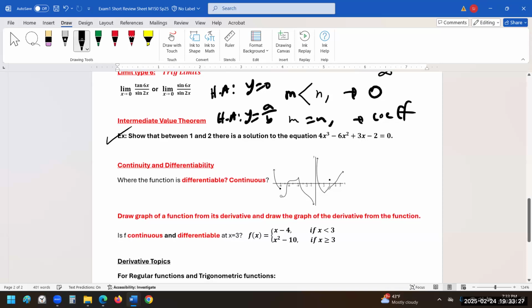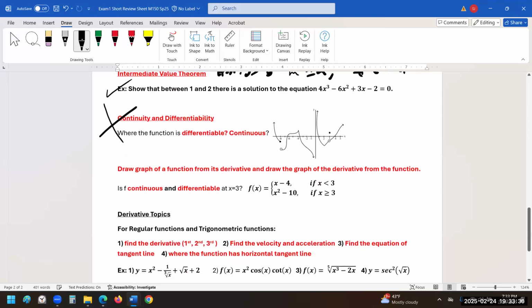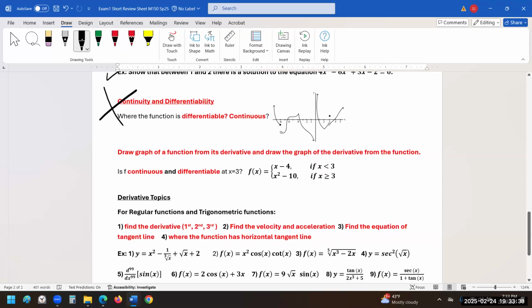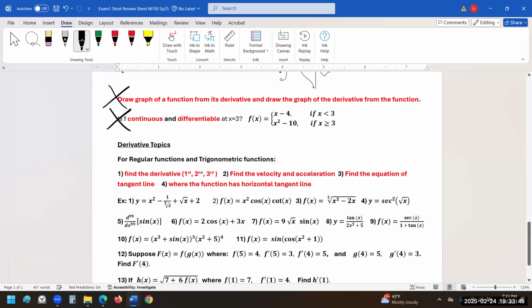One question about intermediate value theorem. If you forgot what that is, go back. Ignore this. Ignore this.